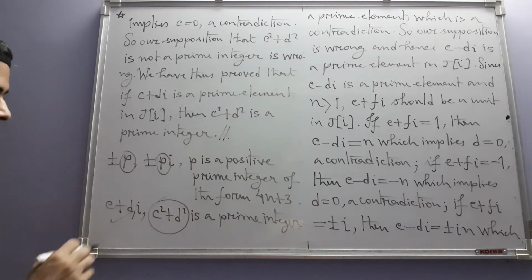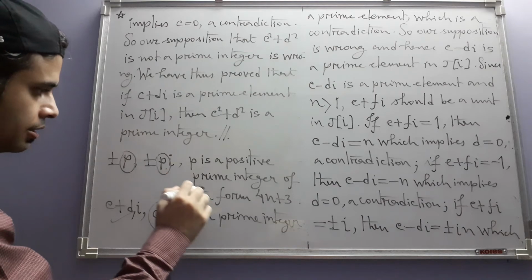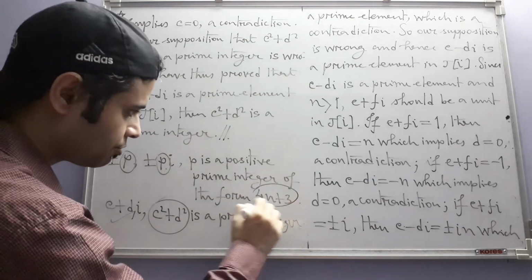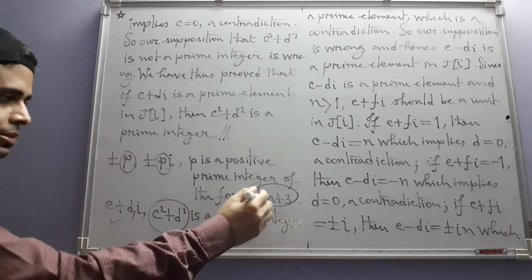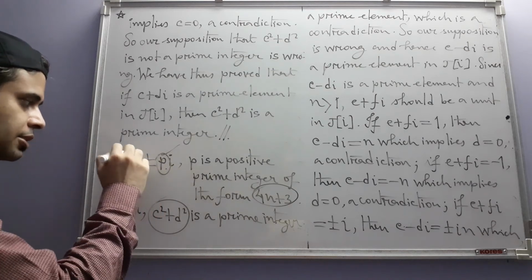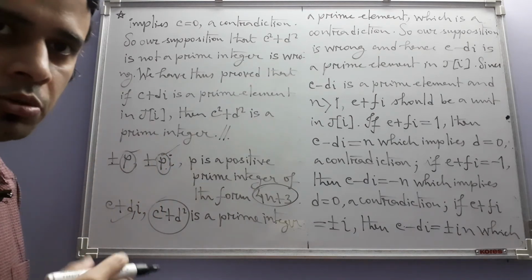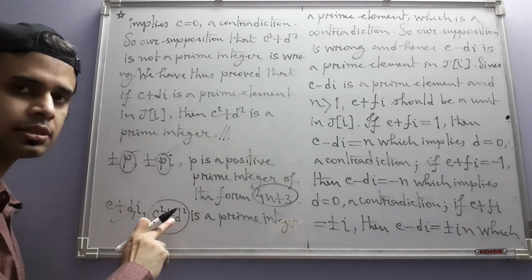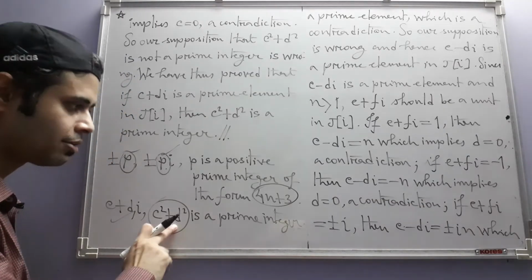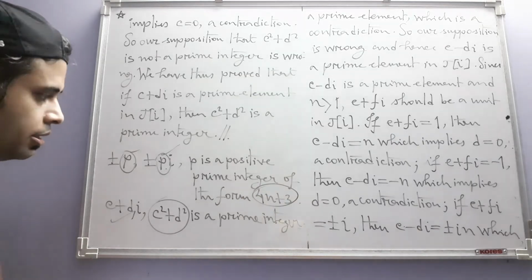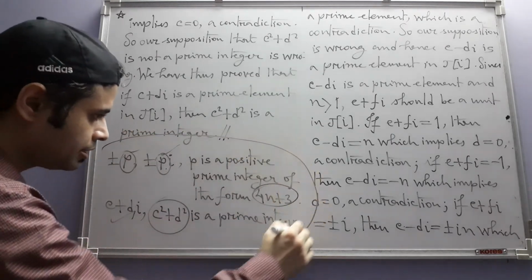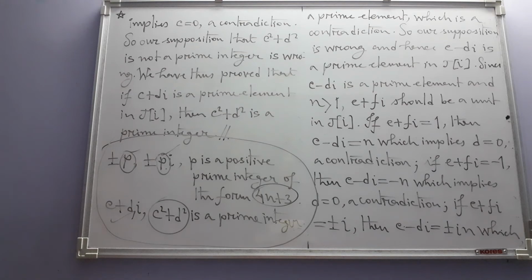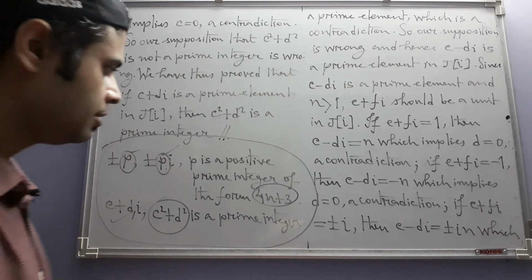But there is a difference. The primes we are using here are of the form 4n plus 3, and as such these primes cannot be written as a sum of two squares, but the primes we are using here can be written as a sum of two squares. So none of them is of the form 4n plus 3.